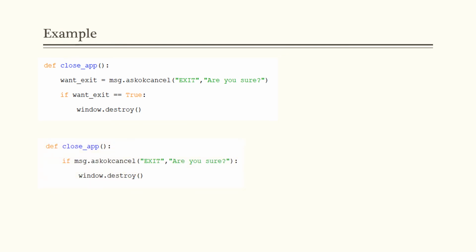So after the word if, we put the message box command, and the if statement will use whatever value is returned by the message box. So that's an even quicker way of writing the same program. Use either of those that you like, and I suggest you try that now and just make sure it works.